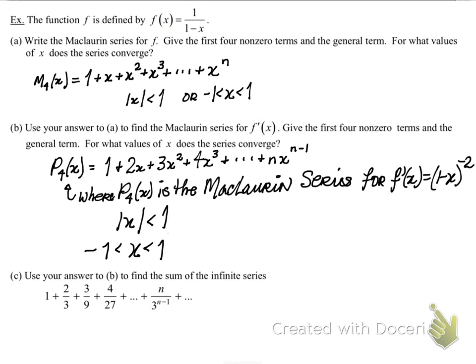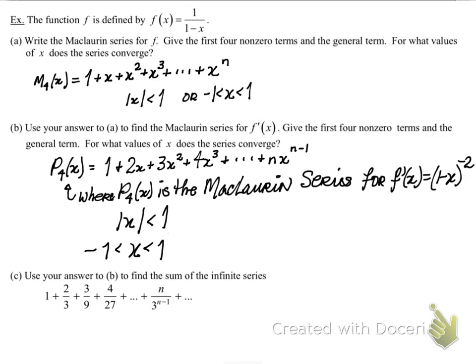And I apologize. Okay, if you look at this next example, C, it is almost exactly like B, but instead of having x to the n minus 1, you have 1/3 to the n minus 1.